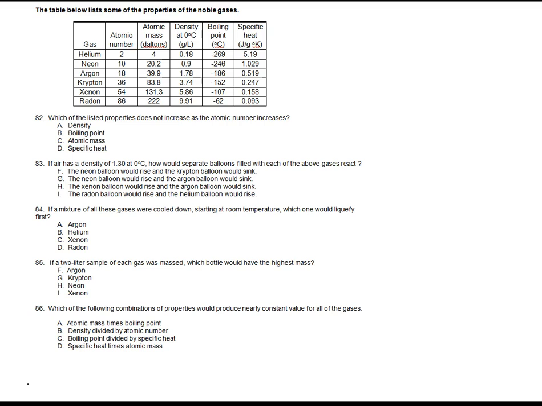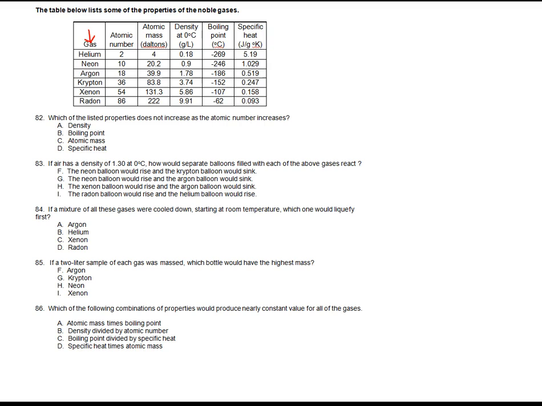All right, so let's look. It says, the table below lists some of the properties of the noble gases. All right, so all these gases here on the left are noble gases. That means that they are not very reactive and they reside in the far right column or family 8 on the periodic table.